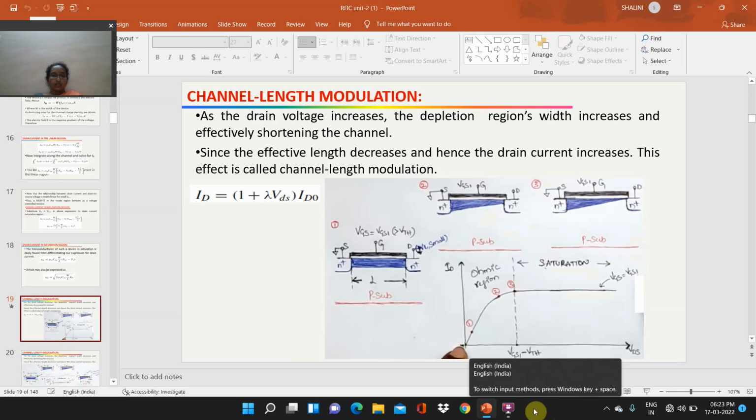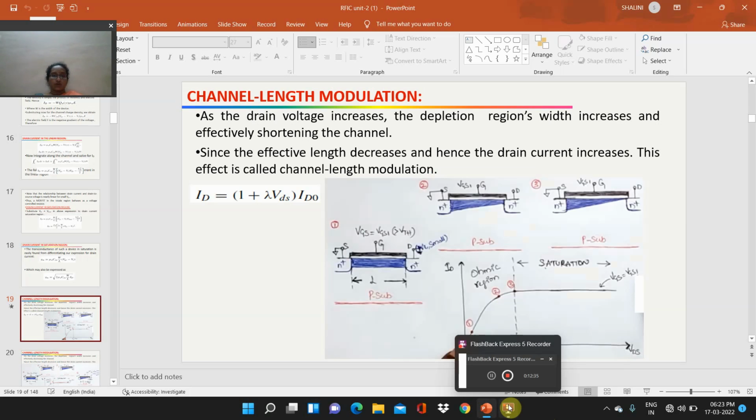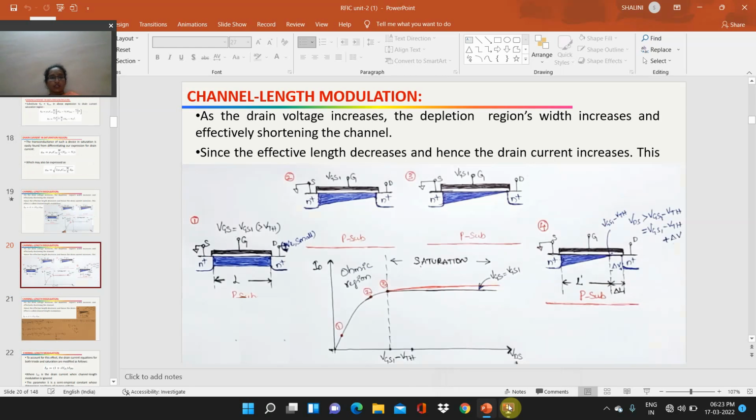As the drain voltage increases, the depletion region's width increases, effectively shortening the channel. Since the effective length decreases, the drain current increases. This effect is known as channel length modulation.